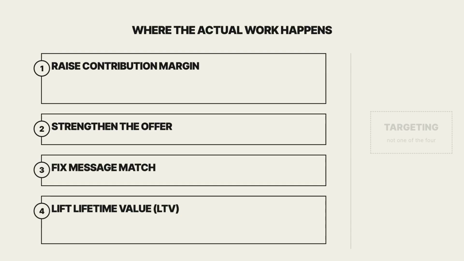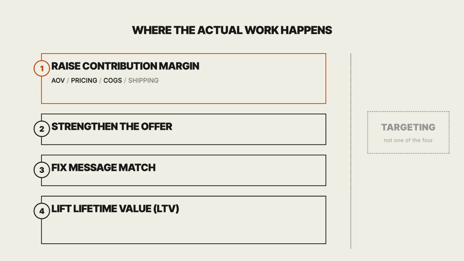So where does the actual work happen? 4 levers, and targeting is not one of them, because CAC is set mostly downstream of the ad, and that is where these 4 sit. Raise your contribution margin, a higher average order value, that is AOV, tighter pricing, cheaper cost of goods, cheaper shipping. Every point of margin you add lowers your break-even target.